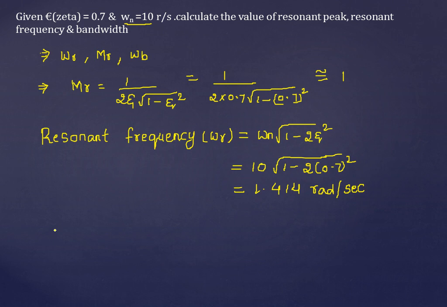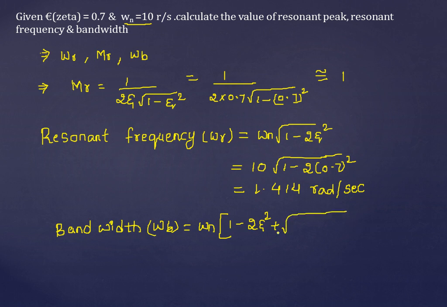The next one is bandwidth. The bandwidth is denoted with omega b, and the formula for the bandwidth is omega n multiplied with 1 minus 2 zeta square plus square root of 2 minus 4 zeta square plus 4 zeta power 4, whole power 1 by 2.